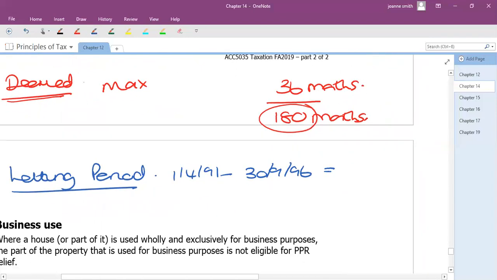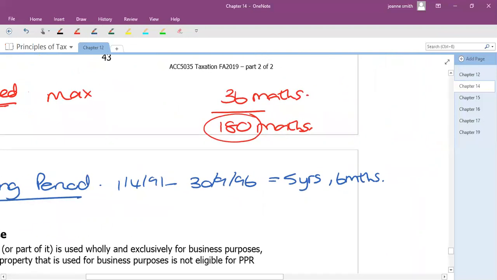So April 91 to 92, 93, 94, 95, 96, that's 5 years. And then we've got April, May, June, July, August, September, 6 months. That equivalent amount in months is 5 times 12 plus 6. That comes out 66 months.